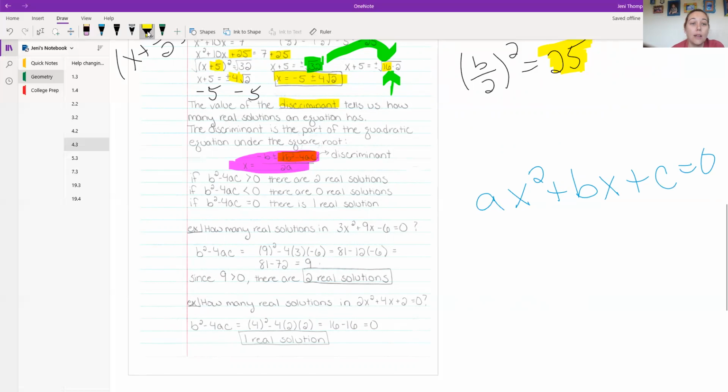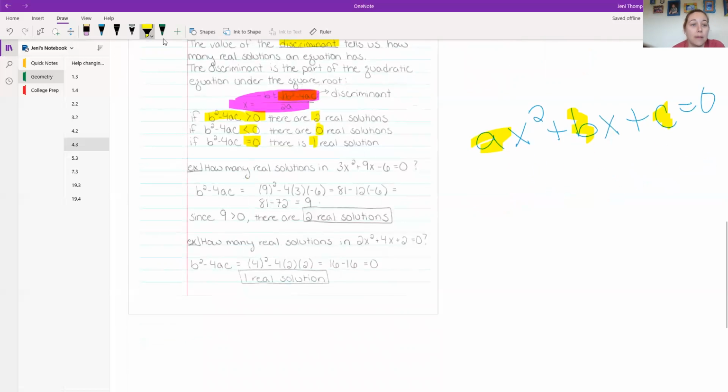And then depending on what we get when we substitute in these pieces, will tell us how many real solutions we have for our quadratic equation. So if after we plug all that stuff in, it's greater than 0, then there are 2 real solutions. If after we plug everything in, it's less than 0, there's 0 real solutions. And if after we plug everything in, it equals 0, then there's 1 real solution.